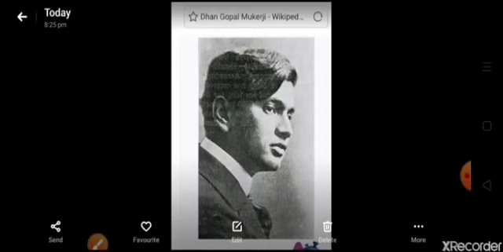Eminent Stanford critic Gordon H. Chang describes Mukherjee as a person who holds the distinction of being the first author of Indian ancestry who successfully wrote for American audiences about Indian life. Dhan Gopal was born on July 6, 1890, in a village on the outskirts of Calcutta.